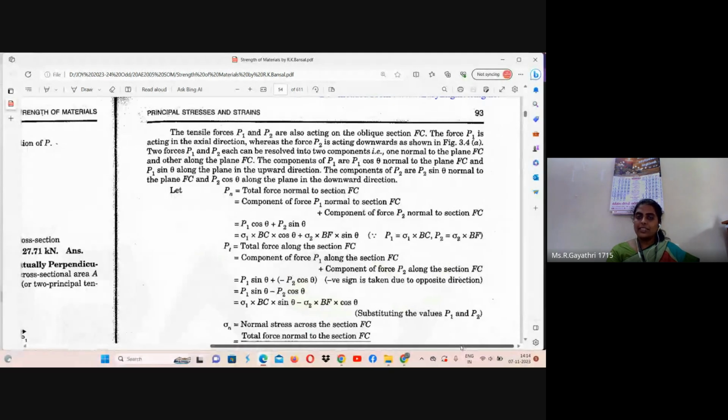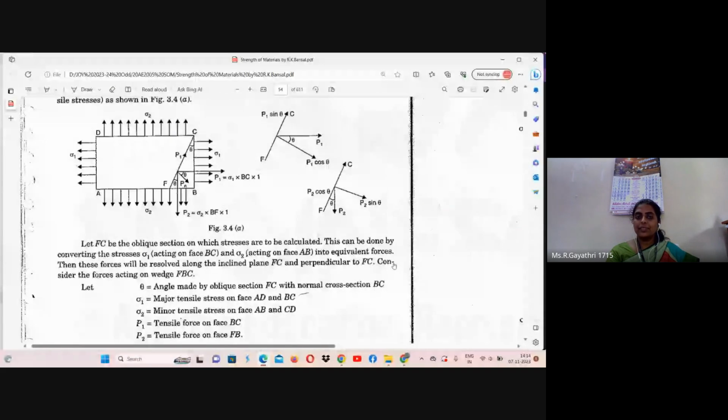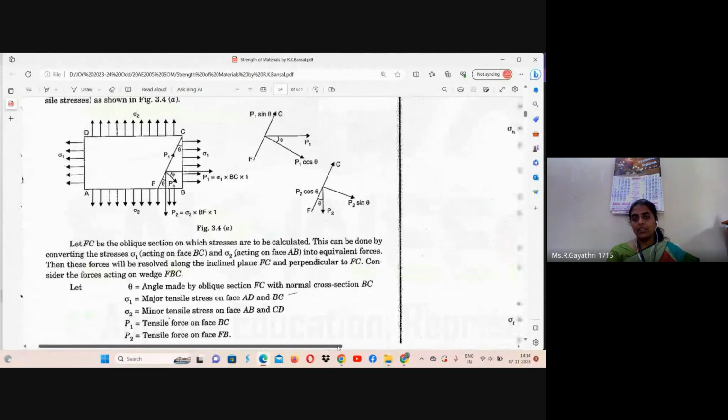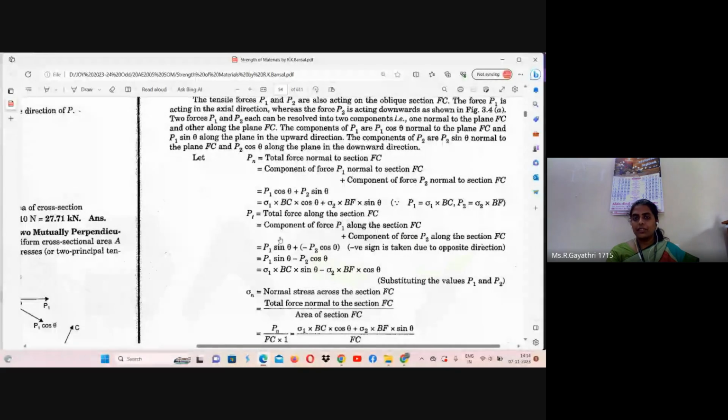The component of force P1 normal to section FC is P1 cos theta. The component of force P2 normal to section FC is P2 sin theta. So Pn is P1 cos theta plus P2 sin theta.